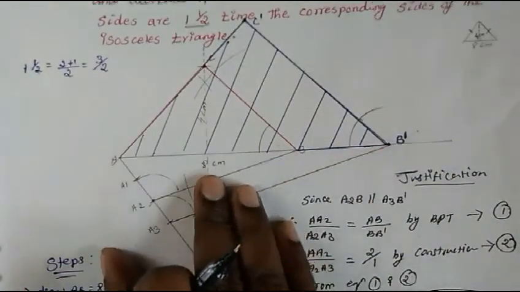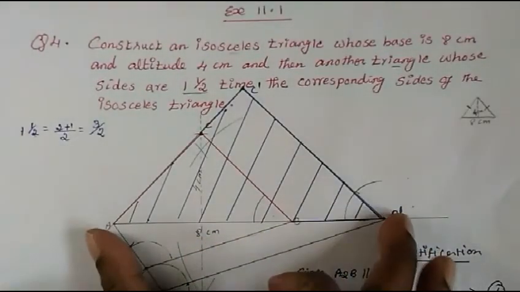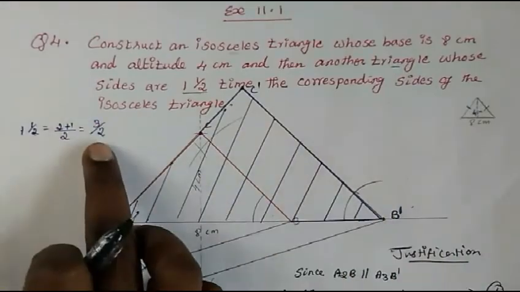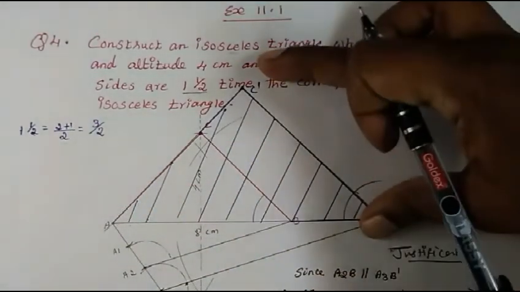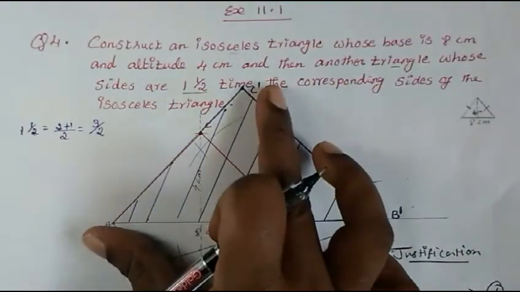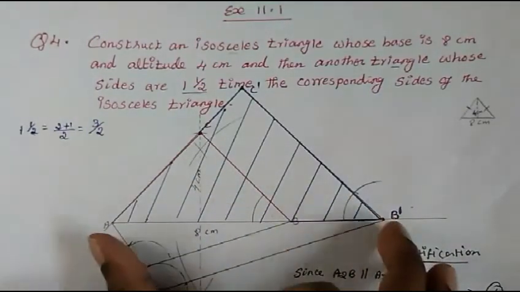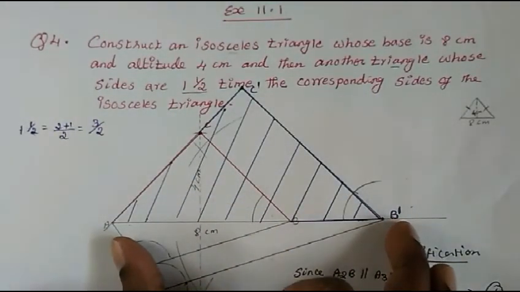But what we have to prove is that this side of this triangle is 3 upon 2, and this side also 3 upon 2, and this side also 3 upon 2. First let us prove this as 3 upon 2.